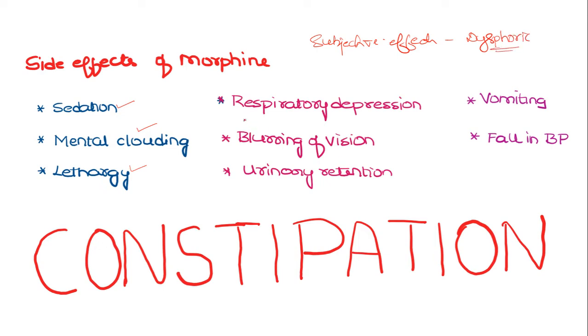It can also lead to respiratory depression, blurring of vision, urinary retention, especially in elderly male patients, and in some individuals vomiting, occasionally in recumbent patients. It can lead to a fall in blood pressure, especially in hypovolemic patients, if he or she walks about. The most common side effect encountered with morphine is constipation, which is very distressing.